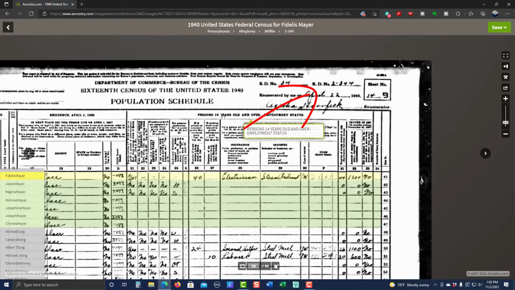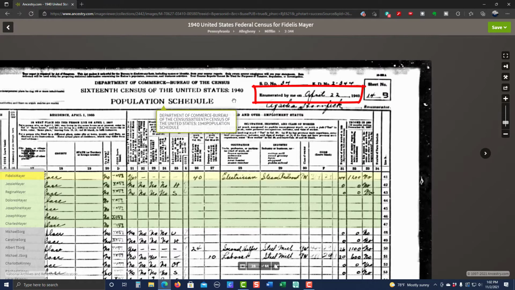That's the area that a particular census enumerator was assigned to cover for the census, to go door to door in that area. Now the SD is a supervisor district. That will entail a number of enumeration districts. That can be different from census to census also.